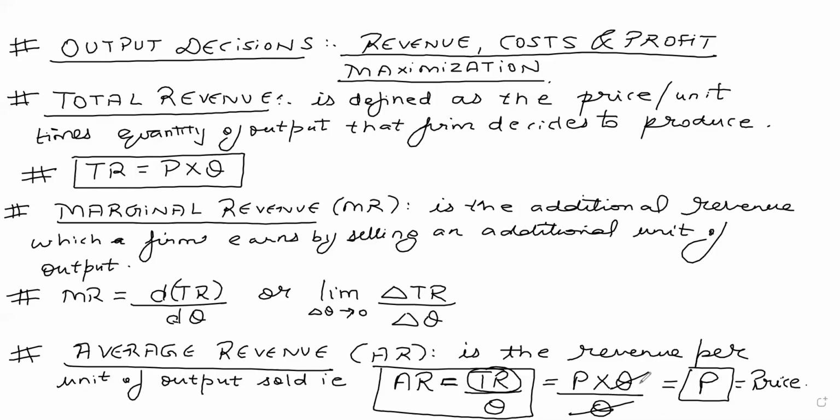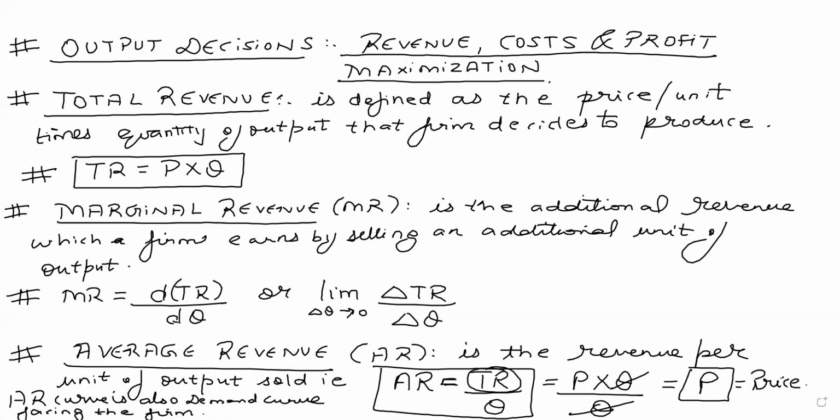So we can say average revenue curve is also called the demand curve, because average revenue is nothing but the price received by the firm for every unit of the output sold. Hence, I can say AR curve is also the demand curve facing the firm. Why is it that AR curve is the demand curve facing the firm?